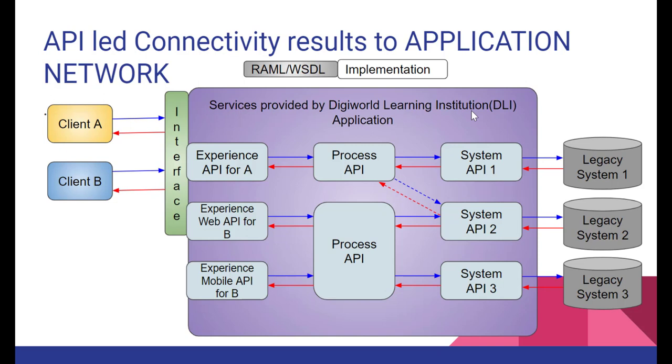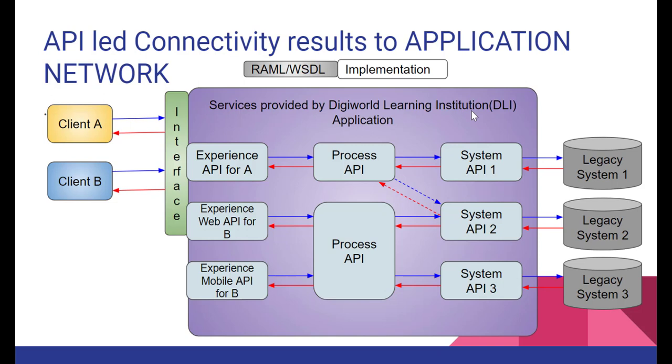Suppose later there is application 3 and it wants some data from application 1. So application 3 is trying to fetch some data from application 1.